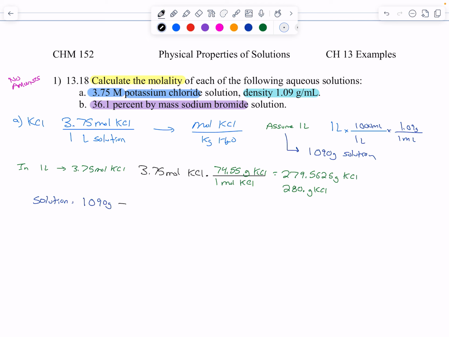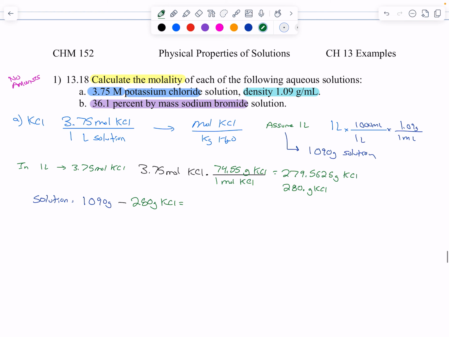If we subtract the 280 grams of KCl, that'll give us what? So 1090 minus 280, 810 grams of H2O, which is the same thing as 0.810 kilograms.